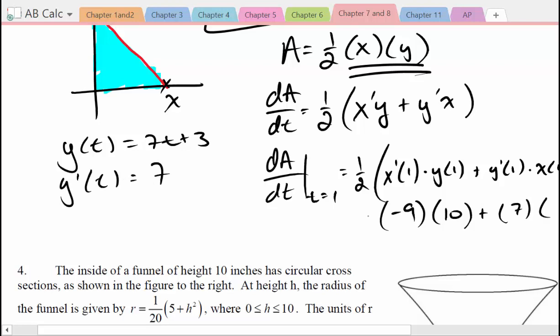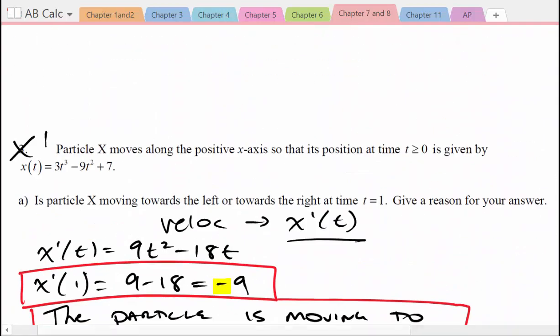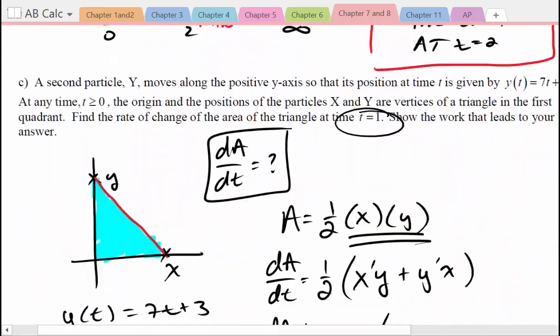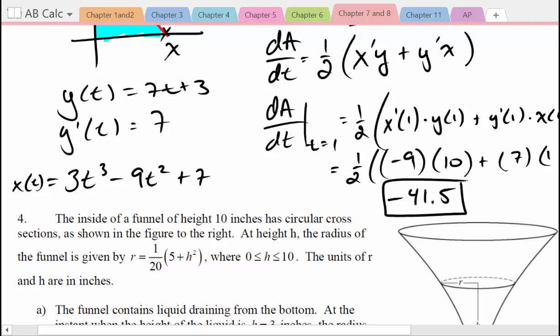And x of 1, if you go back up to part A, whatever the formula was for x, I believe it was 3t cubed minus 9t squared plus 7. I'm just going to double check. Yep. This was x of t. Plug in 1, you get 1. If I simplify this, I get negative 41.5.